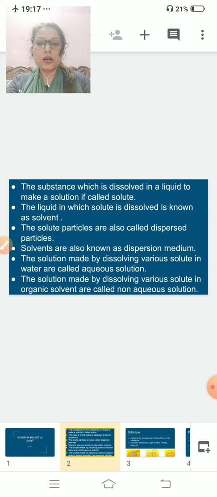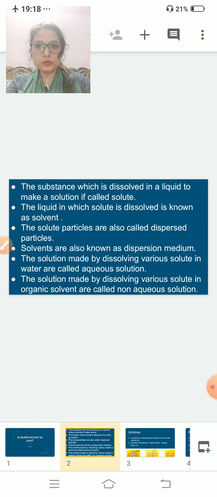And instead of water, if your solvent is an organic chemical or organic solvent, that time your solution is known as non-aqueous solution.